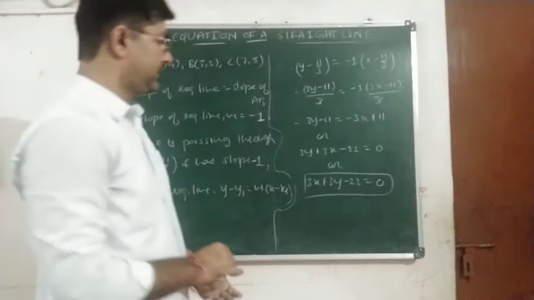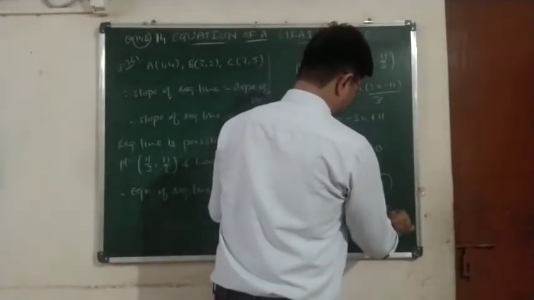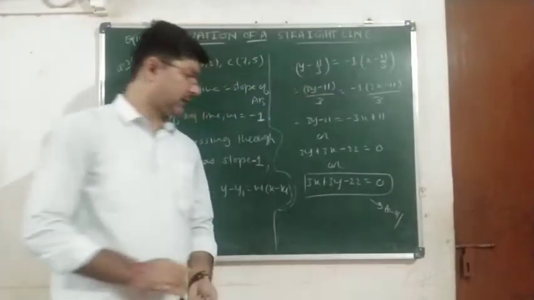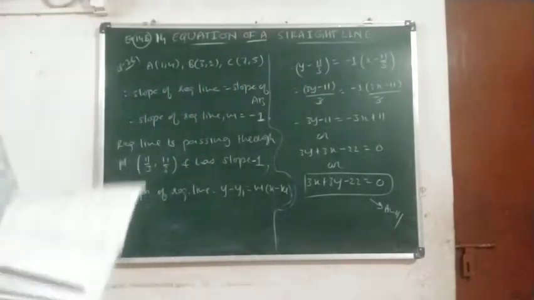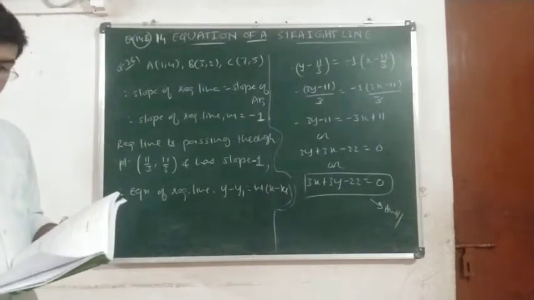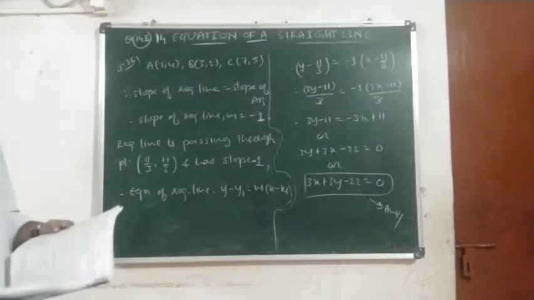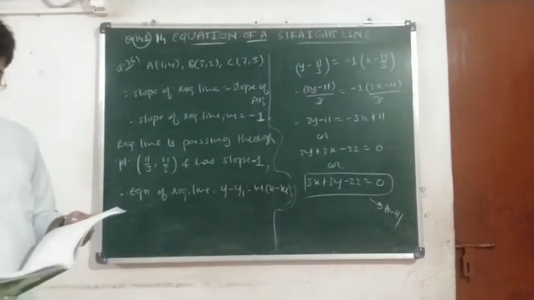So this is the equation of the required line. This is the answer, the line passing through the centroid and parallel to AB. Clear? So question number 26 is over.